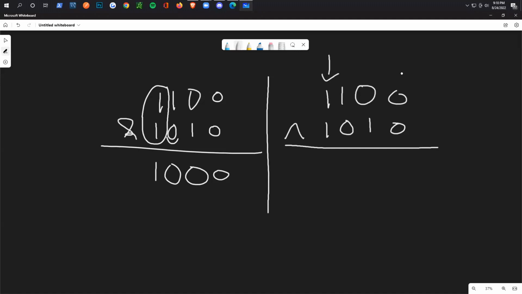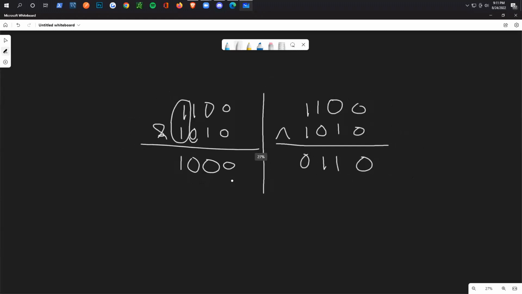Like right here, these are both going to be equal to 0. But wherever there's a disagreement, that's going to be equal to 1. So 1 1, that's 0. 0 0, that's also 0. But there's a disagreement at 1 0 or 0 1. So these two are just going to be 1. So notice the clear difference between XOR and AND. This is it right here. That's the explanation of XOR and AND. So think about it.